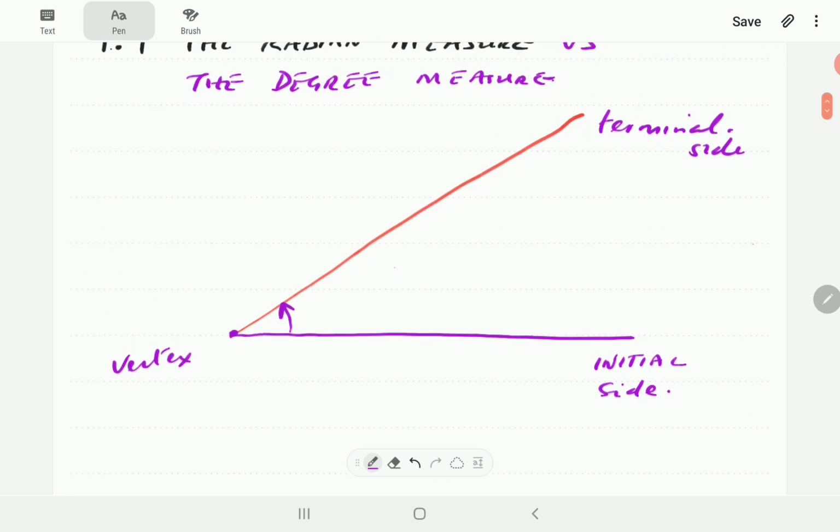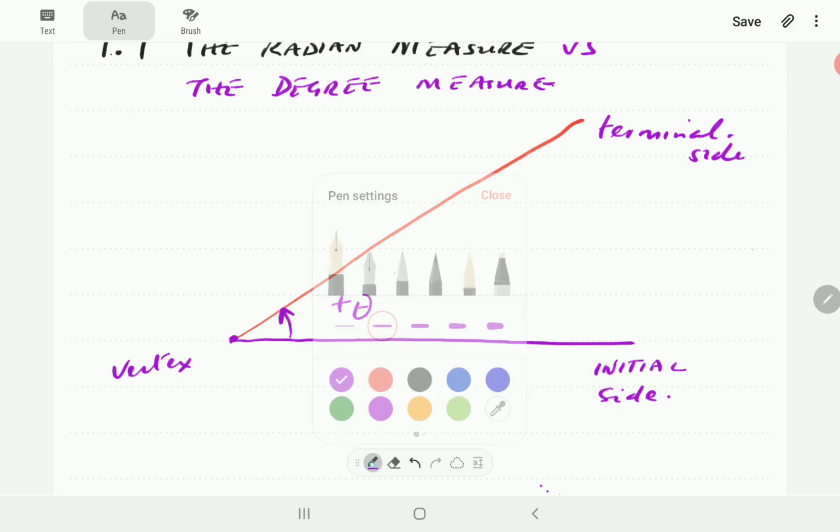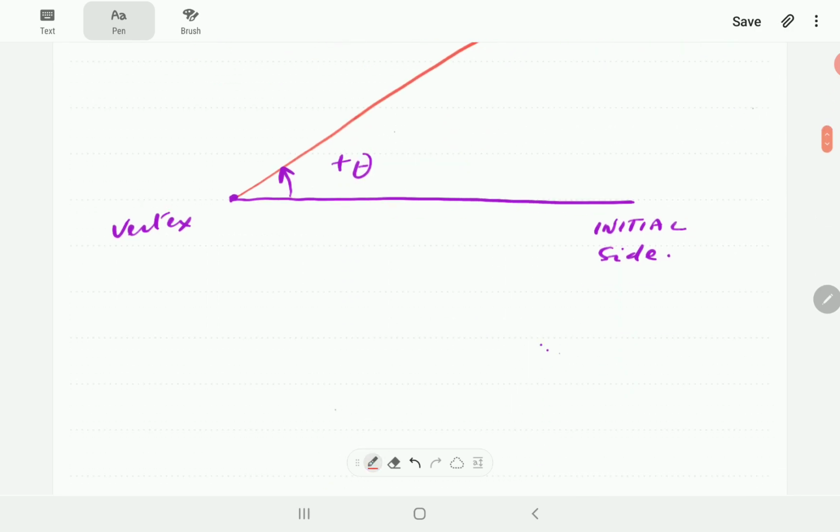Now this was tilted upwards or counterclockwise, so angles formed in this way are termed positive angles. If the tilt is downwards or clockwise, then the angle formed that way is going to be designated negative.